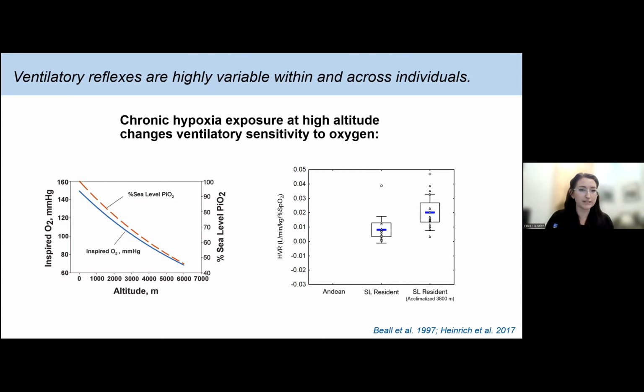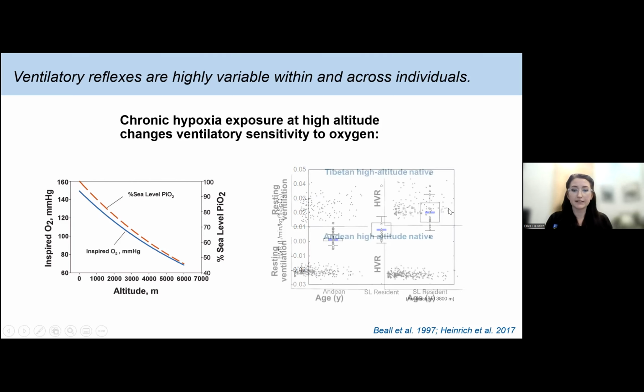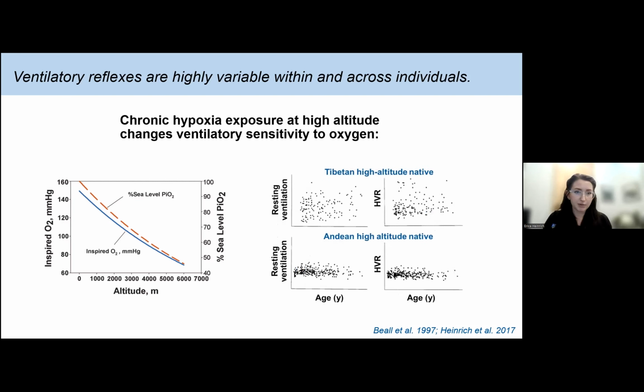So you're more sensitive. But if you look at what happens in people who live chronically at high altitude, for example, native populations in the Peruvian Andes, if we do the exact same test in that population, they have almost no ventilatory reflex to hypoxia. It's really amazing. But clearly you can see that this reflex is highly plastic. And what we see in the Andean population is not true of all high altitude groups.